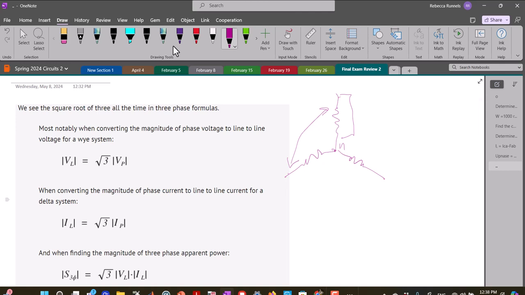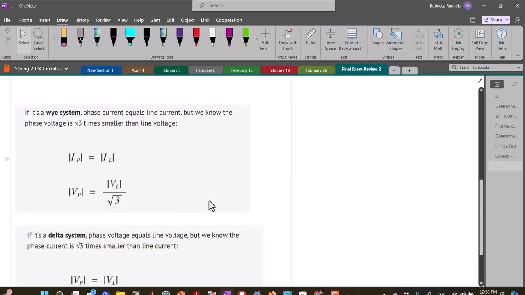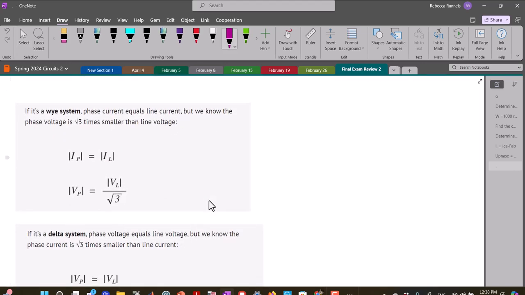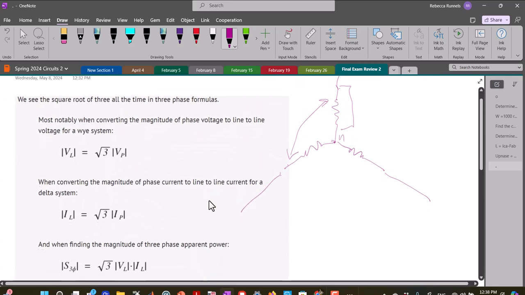But for a Y system, your line current is the same as your phase current, because your line current is just the current along these branches. And so for a Y system, and I'll come back and show this in a minute, your phase current equals your line current, but your phase voltage is the line voltage divided by the square root of 3, or the line voltage is the phase voltage times the square root of 3.